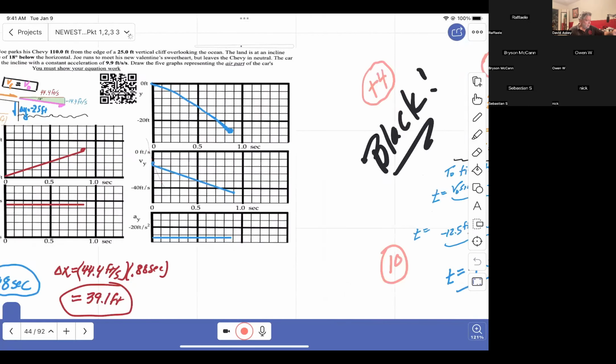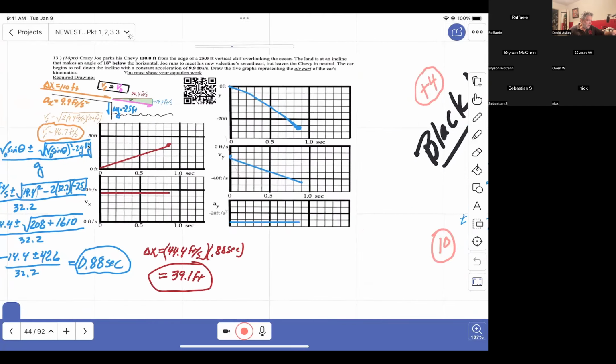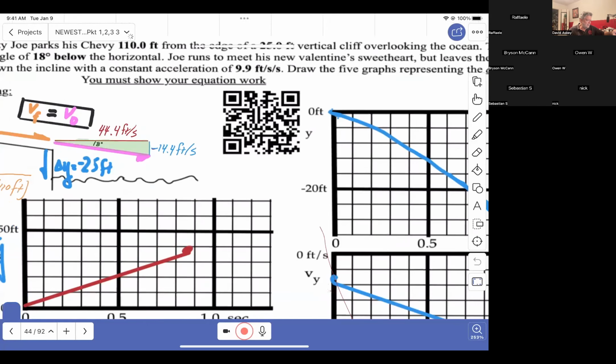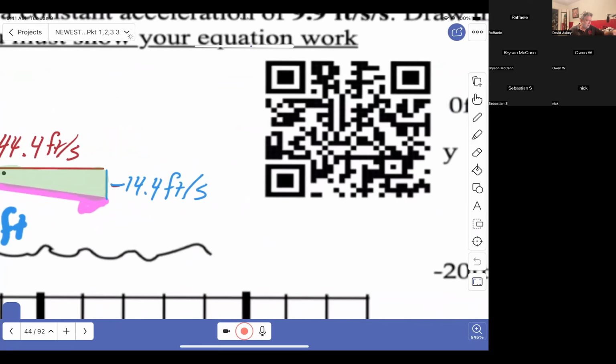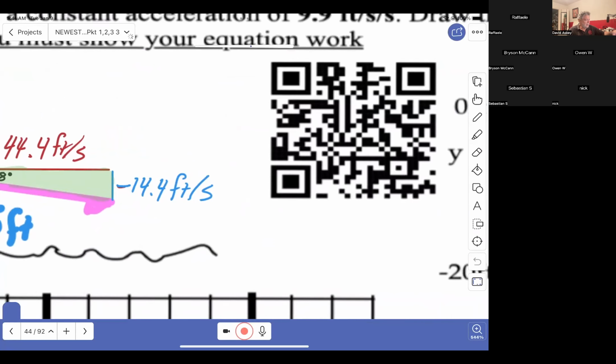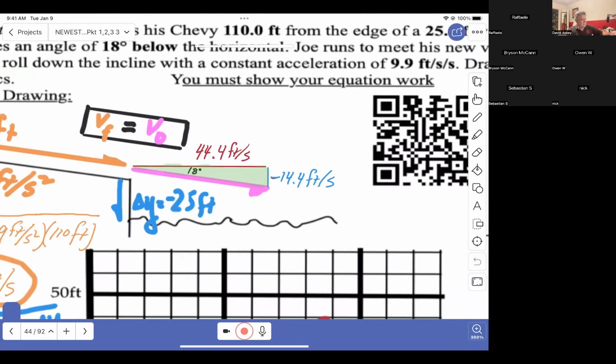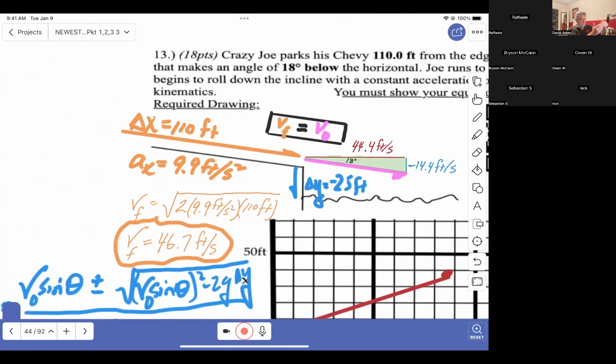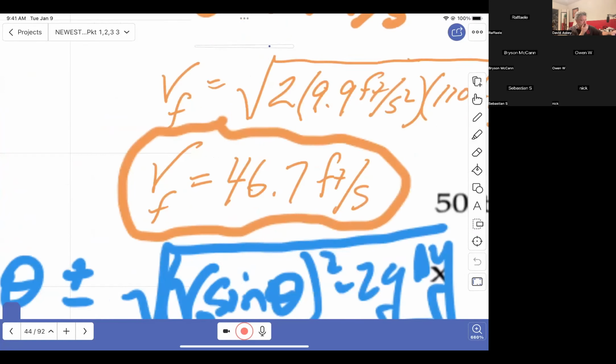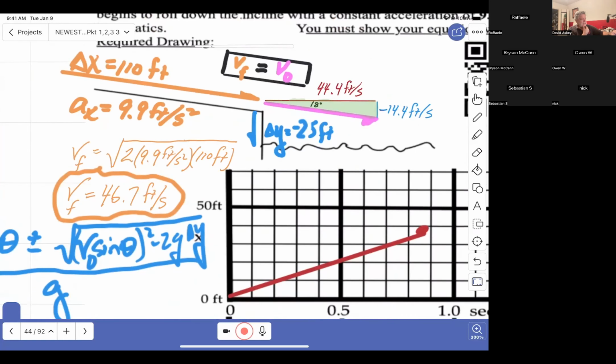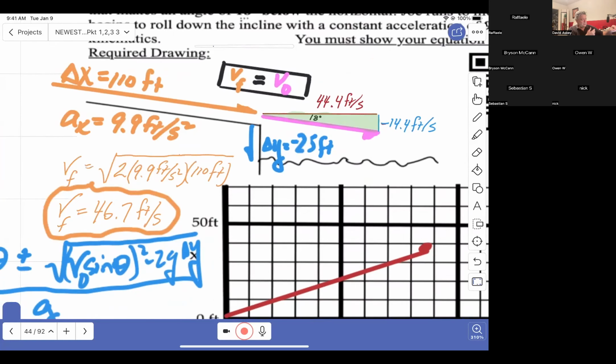Thank you for that. Now, V naught Y is, like in this case, on the one from the take-home test, negative 14.4. And I got that from just using trig, knowing that from the final velocities, the initial velocity in the air, which is 46.7 feet per second. I take that 46.7 times sine of negative 18.